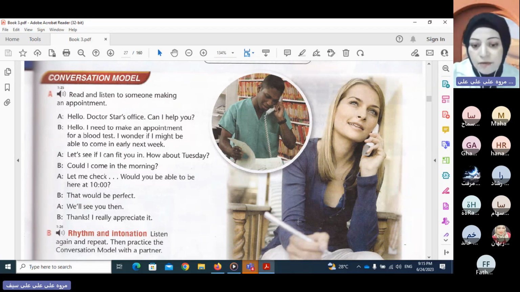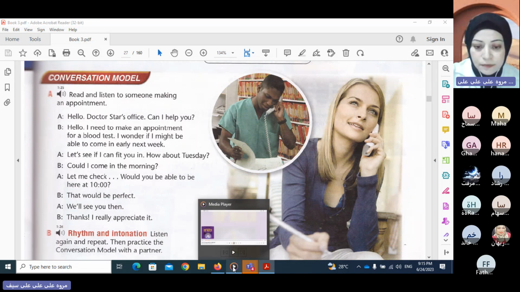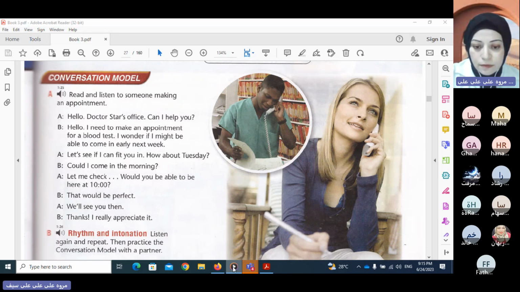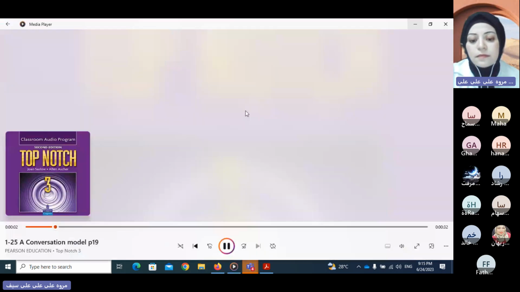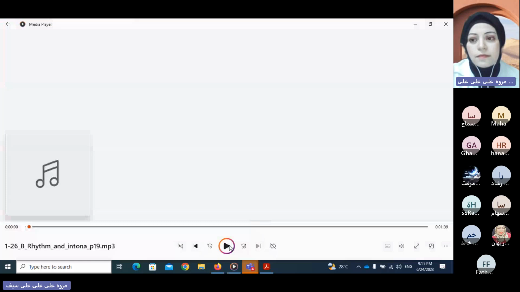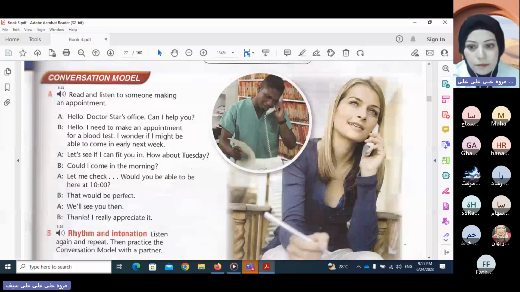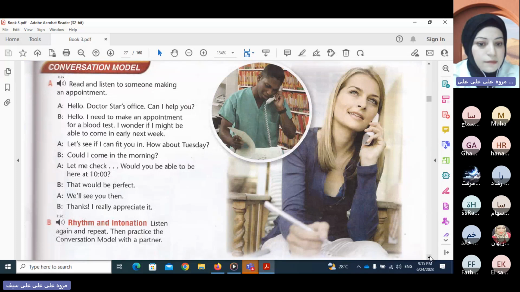Then we are going to practice the conversation together. Page 19. Exercise B. Rhythm and intonation. Listen again and repeat. Then practice the conversation model with a partner.